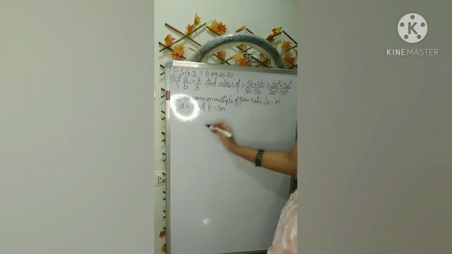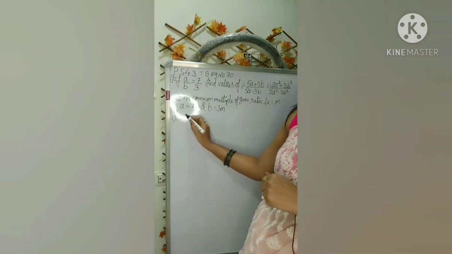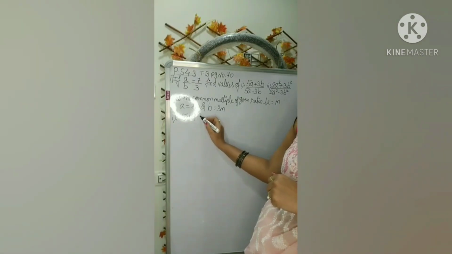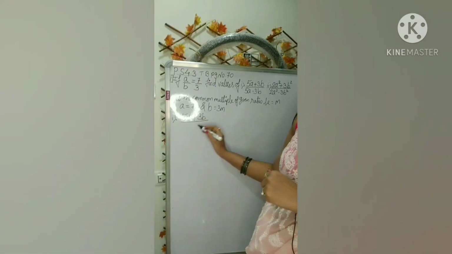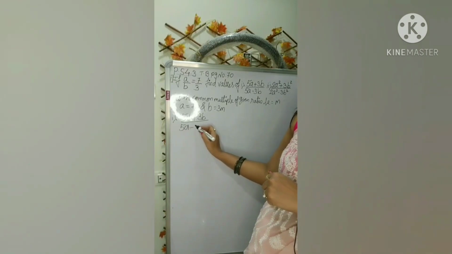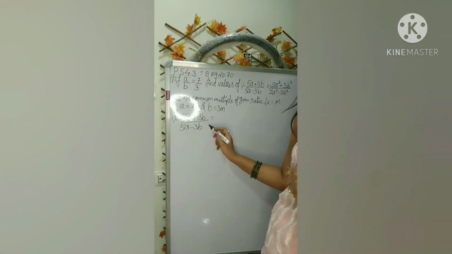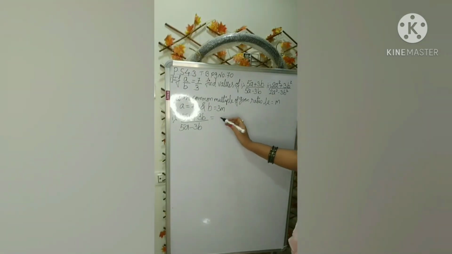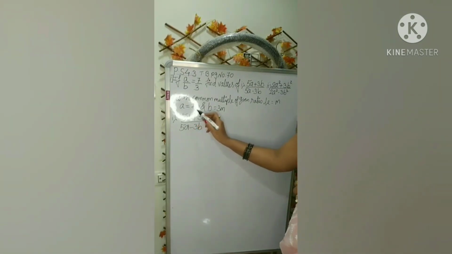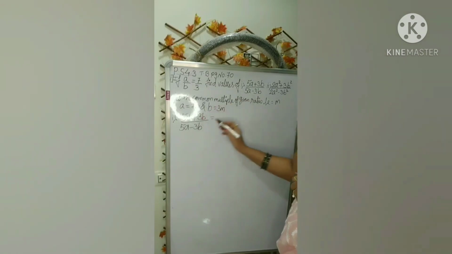Coming back to the question, it is 5A plus 3B upon 5A minus 3B. To find the value of this ratio, I will substitute 7M in place of A, and 3M in place of B. Simple.